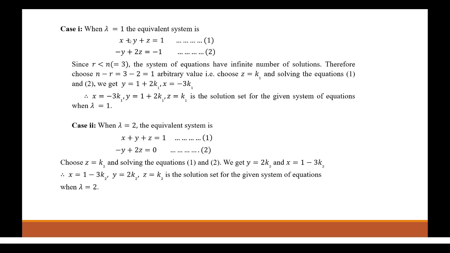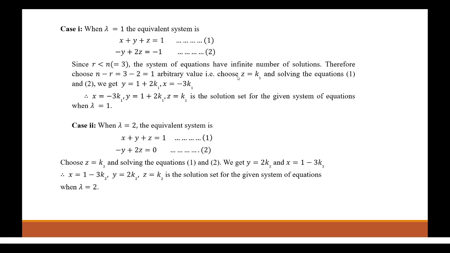When lambda is equal to 1, the equivalent system is, call it equations 1 and 2. Here R is less than n, the rank is 2 and the number of unknowns is 3, so we have an infinite number of solutions. Therefore, n minus r is equal to 3 minus 2, which is 1 arbitrary value.